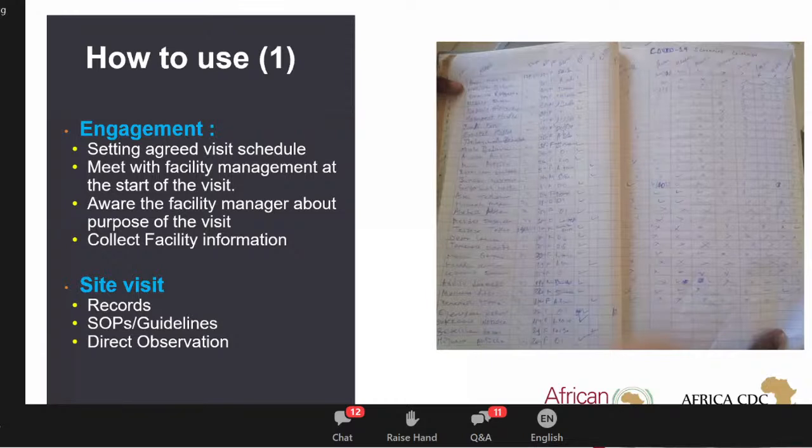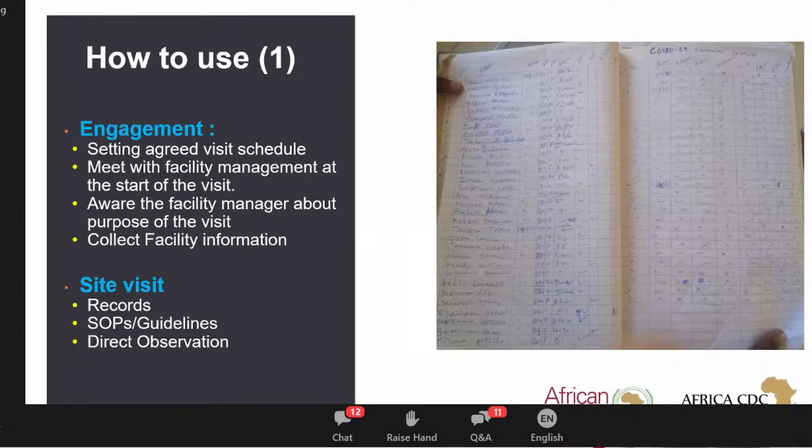and all available information. The second level is about the site visit, which you can say is record review, triage, registration, availability of SOP guidelines, and observation of PPE utilization, environmental cleaning, everything. So this is the observation.